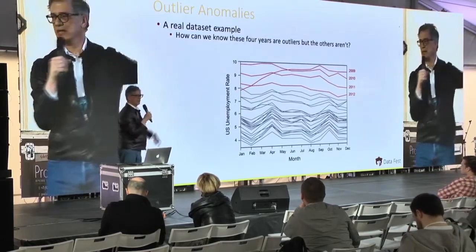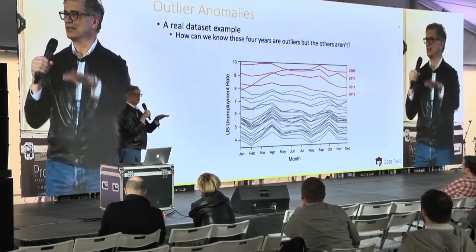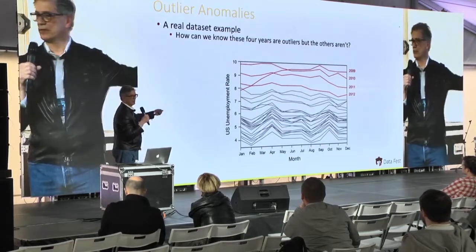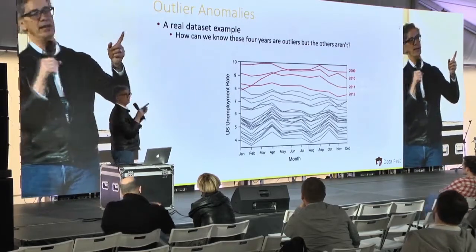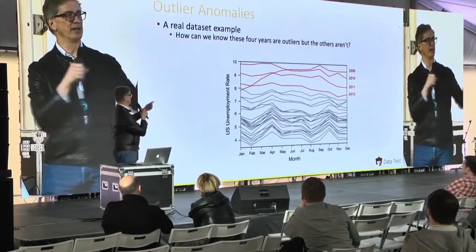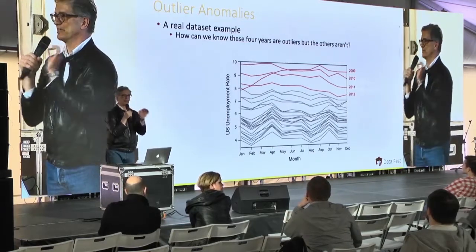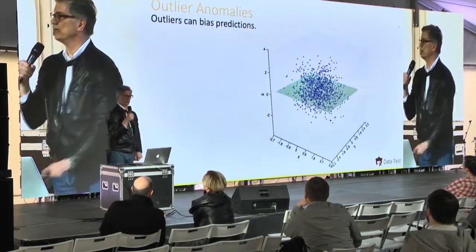So how many years after that happened were they outliers? How long did it take for the economy to recover? Well, the outlier algorithm that was applied here in multivariate space says there were 4 years. Without a specific probability associated with them, there would be no way of knowing.